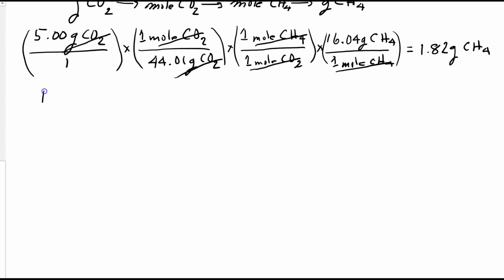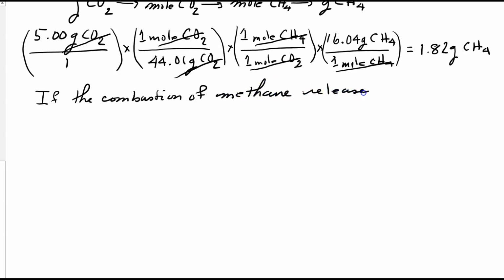Say, if the combustion of methane releases 891 kilojoules per mole of methane burned or methane used.